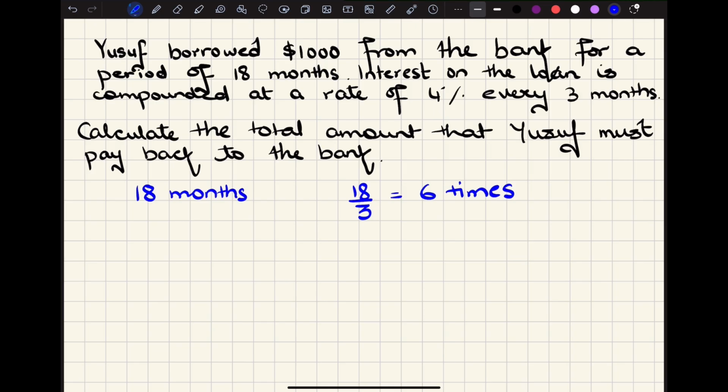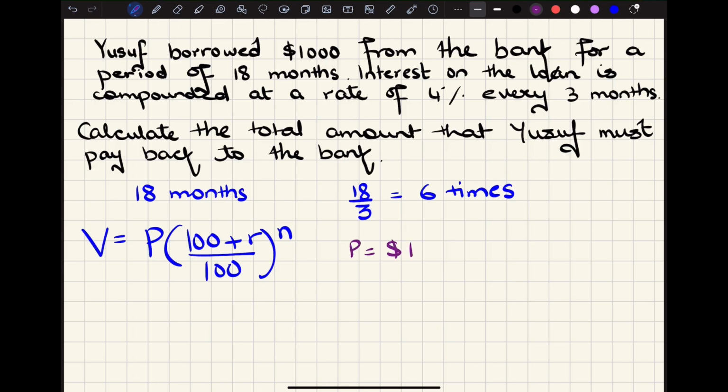So 6 times. So the value of n will become 6, okay, and because it is compound interest, first let's write down the formula. And then let's write down the values. So P is $1,000.